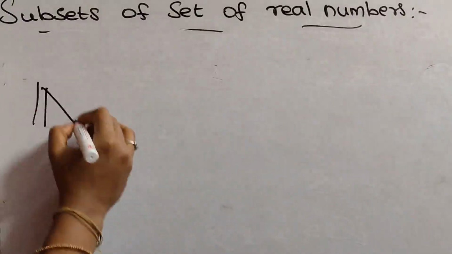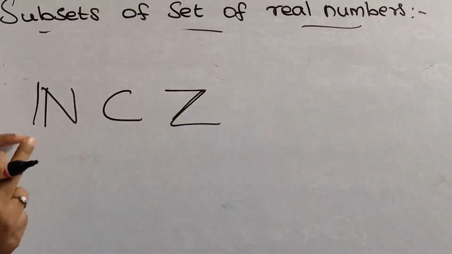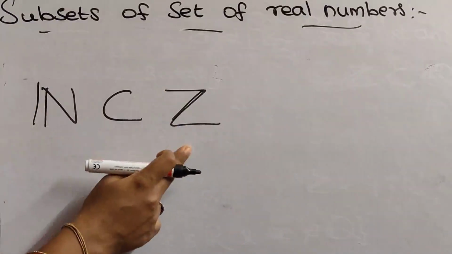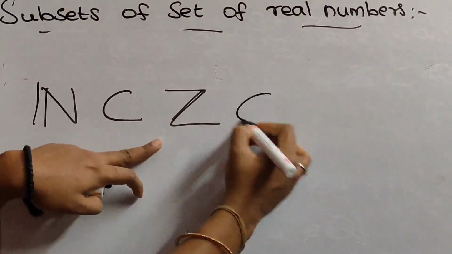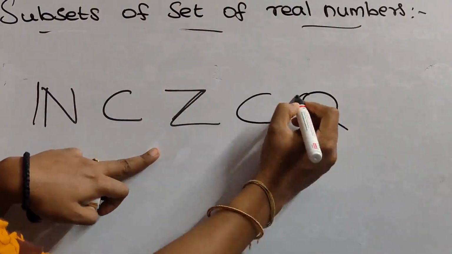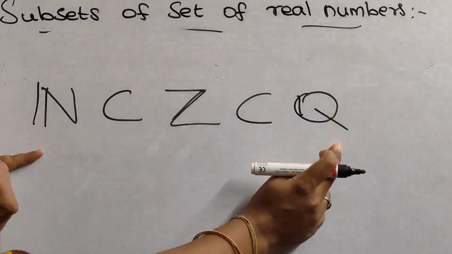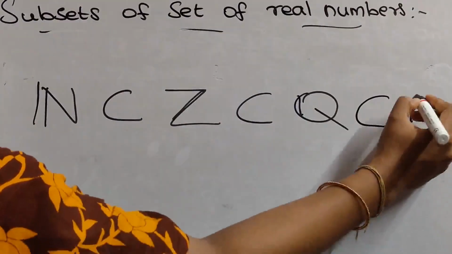Natural numbers N is a subset of integers, right? I told you natural numbers start from 1 and go on, so all these numbers are there in the integers. Now integers are a subset of rational numbers. So it automatically shows that natural numbers are also a subset of rational numbers. The rational numbers are a subset of real numbers.